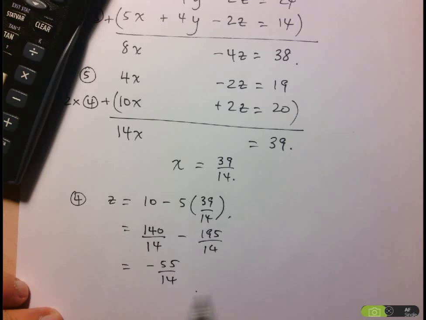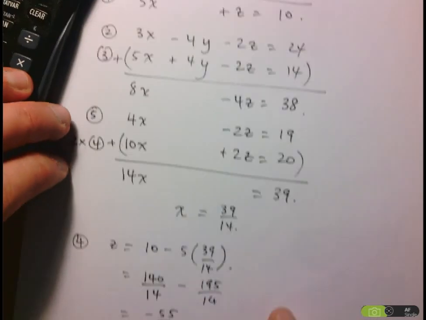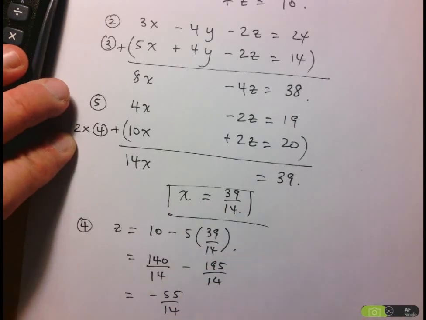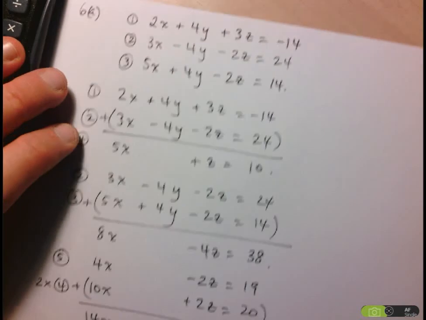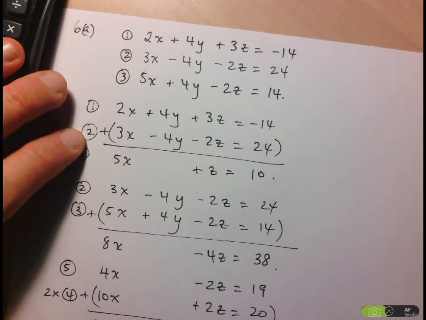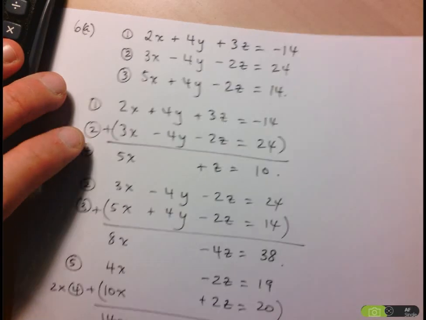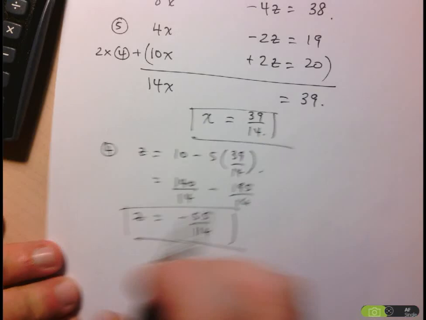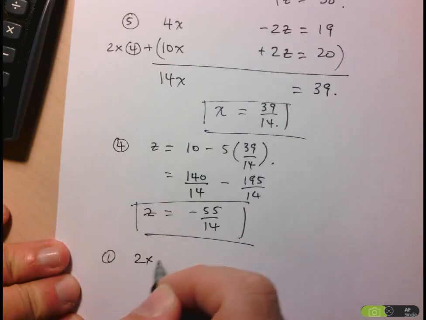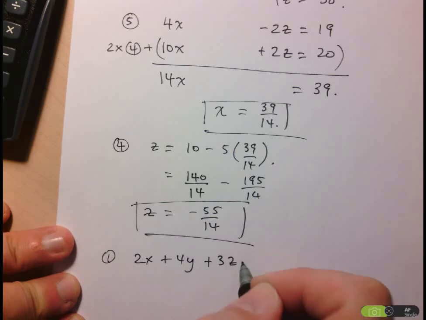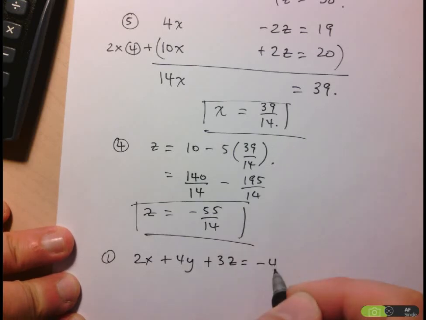Now to solve for that third variable, let's put a box on these. We'll go back up and choose one of the equations that also has a y. I'll take equation 1: 2x plus 4y plus 3z is equal to negative 14.